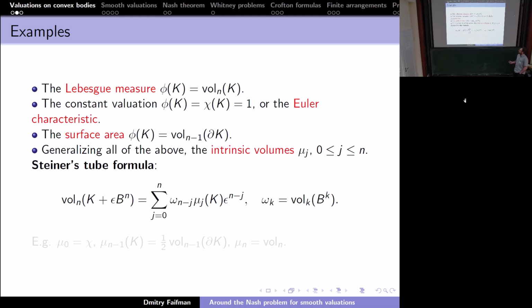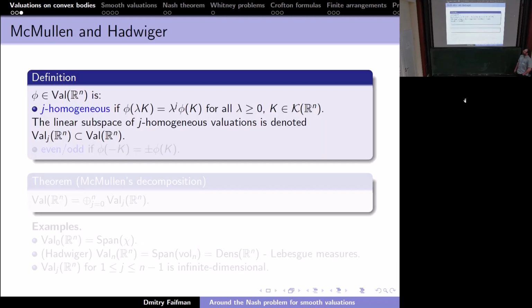This is a polynomial in epsilon, and the coefficients, properly normalized, are functionals indexed by k, and they are valuations. Moreover, they are valuations that are invariant under the orthogonal group. Okay, so the simple examples are the Euler characteristic, surface area, and the volume.